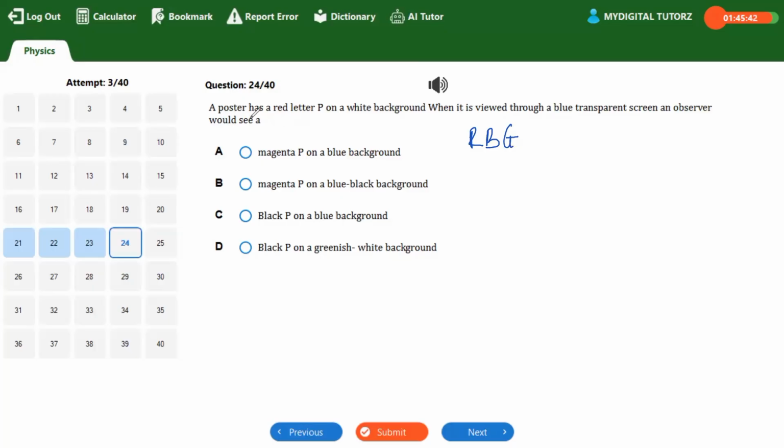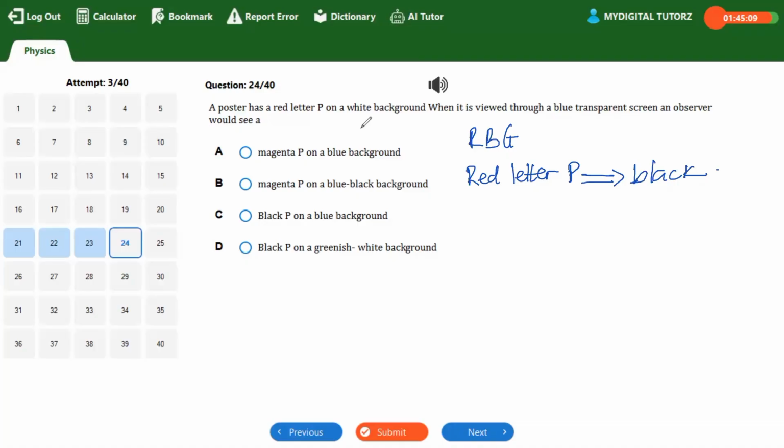So the red letter P, on going through a blue transparent screen, will be absorbed by the blue transparent screen, because the blue transparent screen will only transmit blue color and absorb all other colors. And when this absorption takes place, this letter will appear as black. Is that clear?